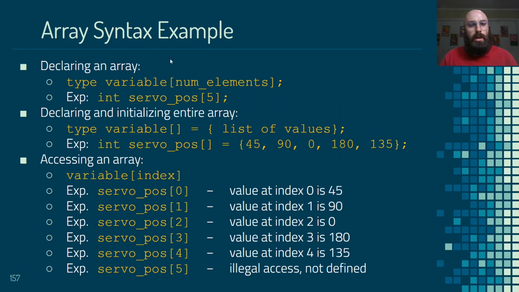So to continue on and see some more concrete examples, this shows an example of defining an integer array of size 5. The name of it is servo position. This is another example of declaring it, but actually initializing 5 different values. If we did this here, these would all be set to some initial value. But here we're specifically saying 45, 90, 0, 180, 135.